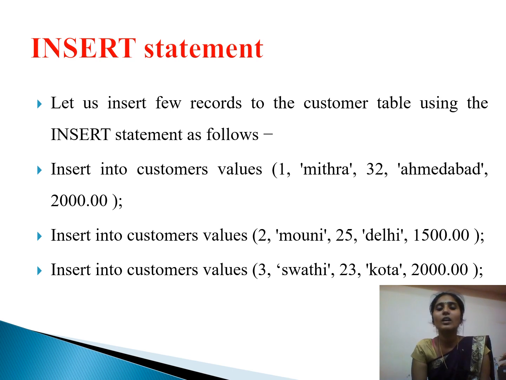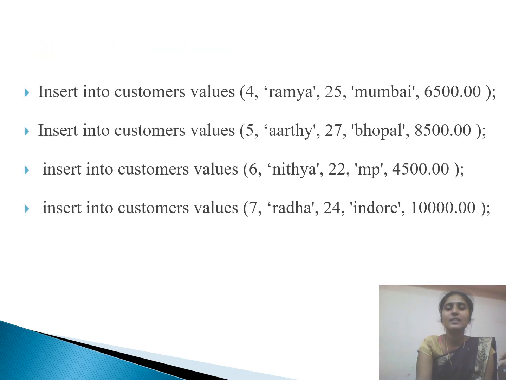And in fifth column we can give the salary. In salary we can give the decimal data type, so here we can use decimal point values for mentioning the salary. So here we can insert 7 records for the customer table. These are the records we can insert in the customer table.